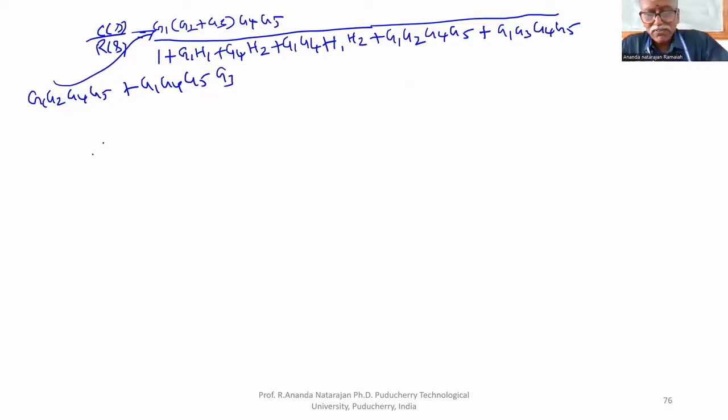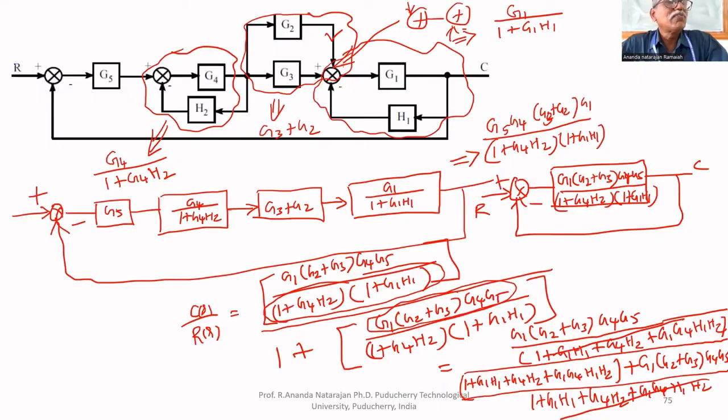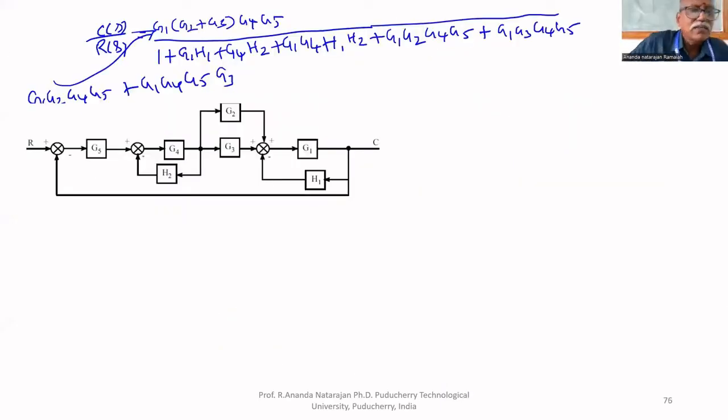So now we have to draw the signal flow graph. This is the source node. R is source node 1. This is the second node, third node, fourth node, fifth node, sixth node, seventh node, and the eighth node is the sink node. Now we have to draw the signal flow graph.